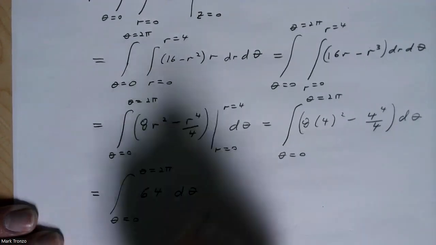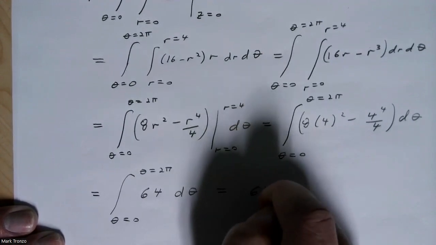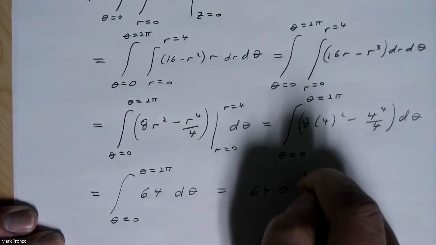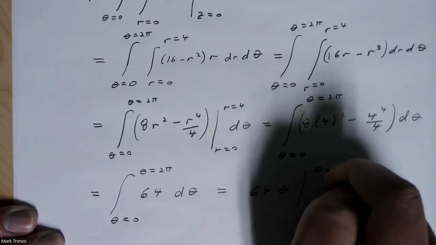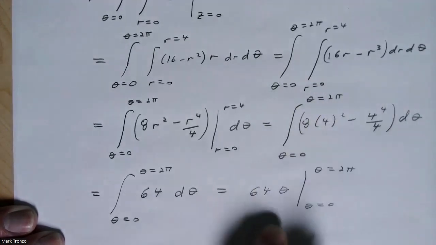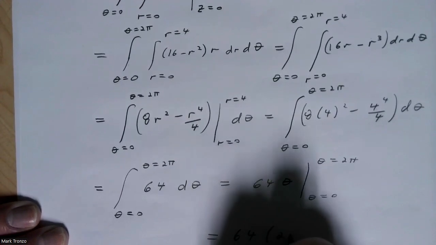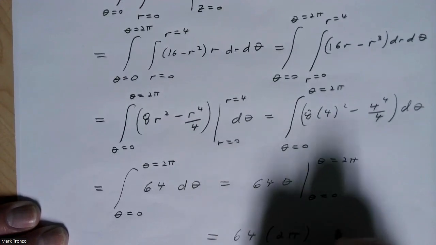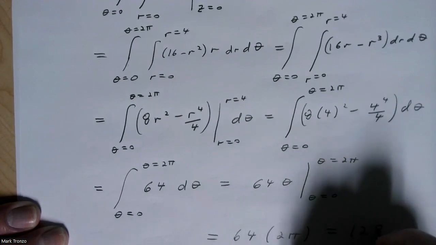And you could actually even put that out front and integrate one more time. This is going to give us 64 times 2 pi, or what is that? 128 pi.